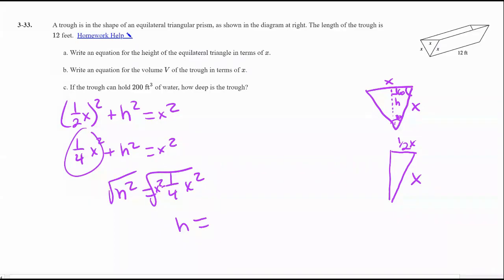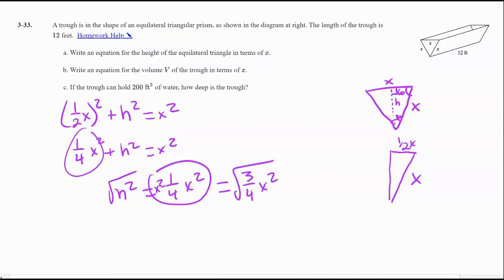Oh, my bad, I should have combined like terms first. Since these are both x squared, that's really x squared minus 1/4 x squared, so it should be 3/4 x squared. Now I'm taking the square root of that, and we get the height is equal to the square root of 3 times x over 2, because the square root of 4 is 2.